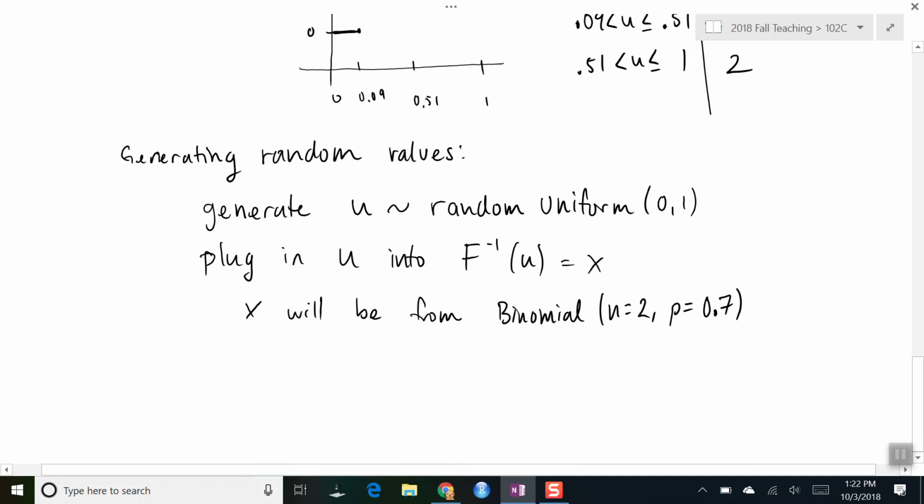Okay, so this is the discrete case for the inverse CDF method.